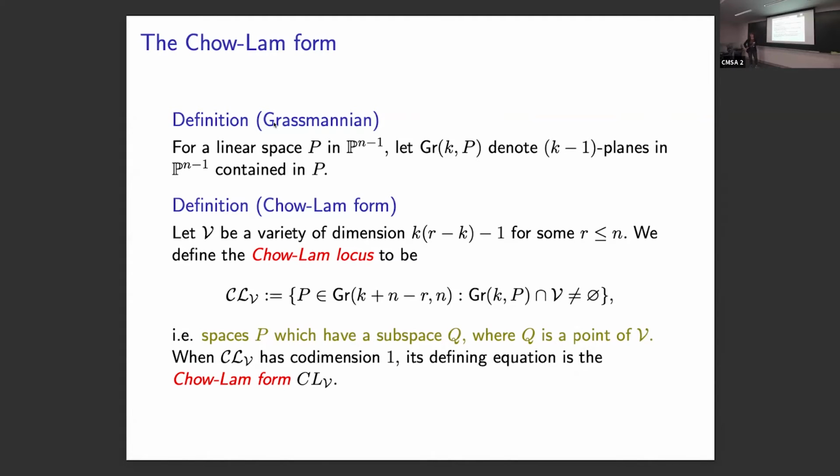It's called the Chow-Lam form. This is a big definition to wrap your head around, but you can think of it as, instead of P intersecting the variety, you're taking some sort of Schubert variety with respect to P, and you're asking for that intersection to be non-empty.